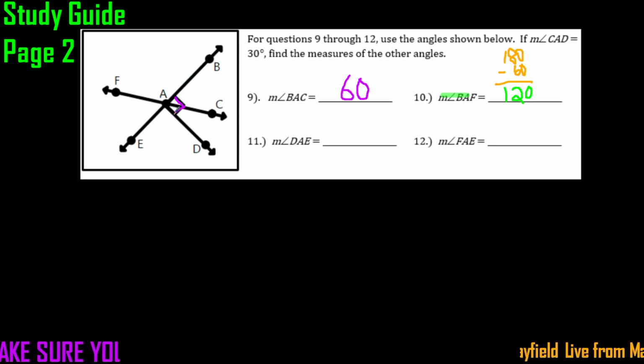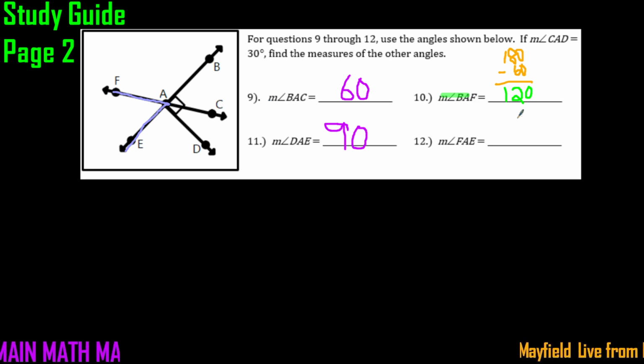So that means that this angle also has to be 90 degrees because it is a straight line along here. And so that means that angle DAE is also 90 degrees. And then for the last one, it says angle FAE. Let's find that, let's use that blue one again.